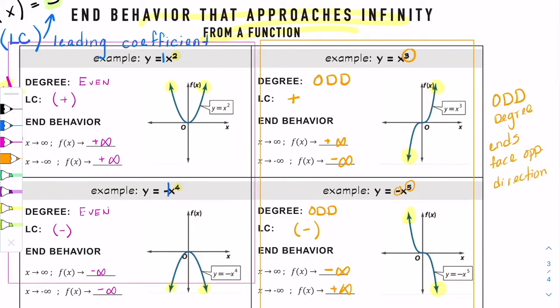Okay, so for odd degree functions, the ends face opposite directions. One will head towards positive infinity, one will head towards negative infinity, but always opposite directions.